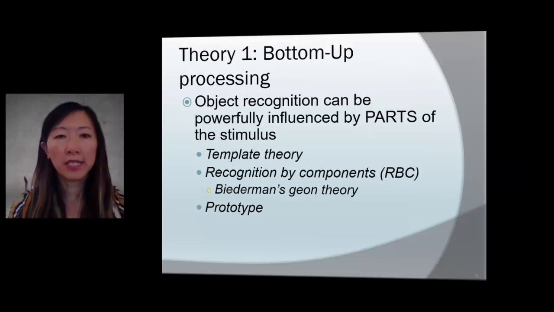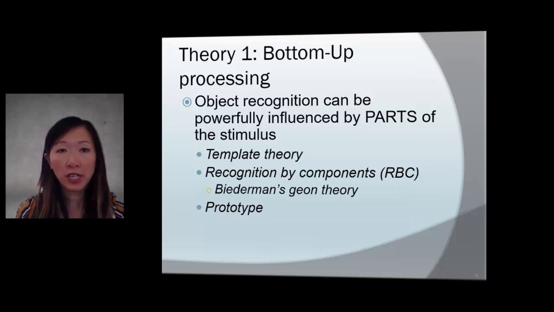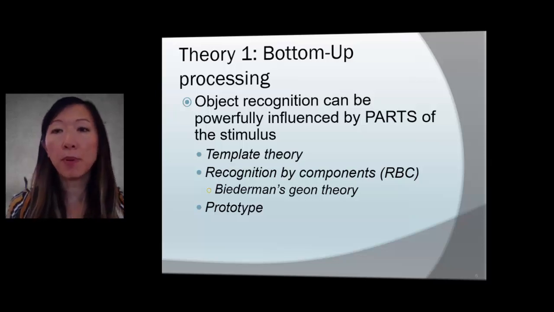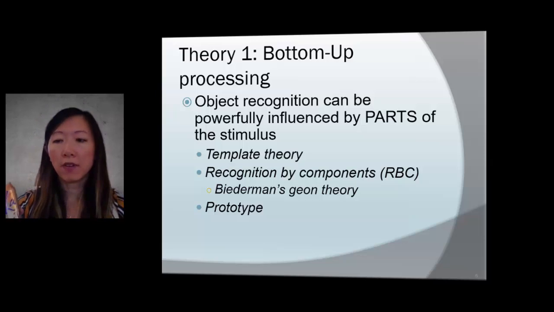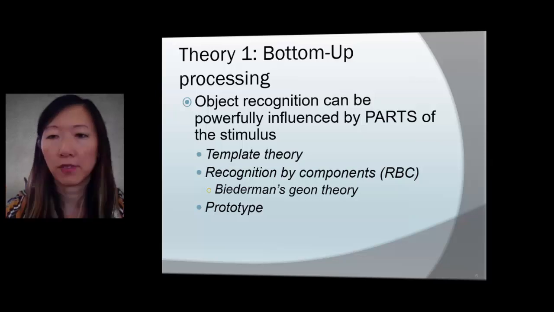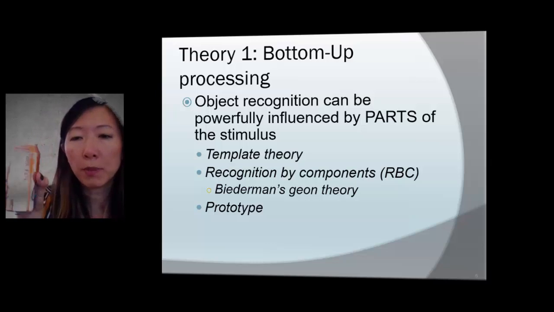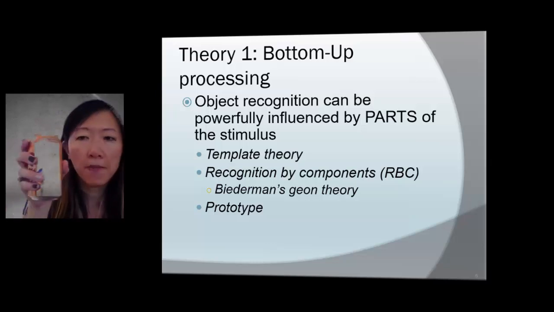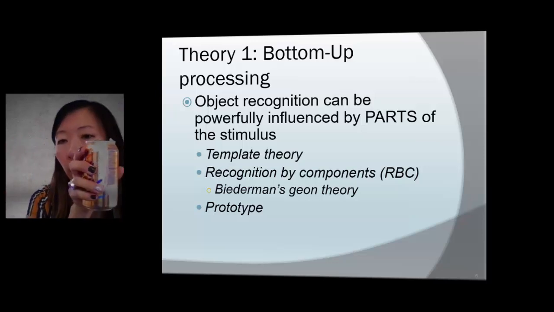So bottom-up processing essentially says that object recognition is influenced by parts of the stimulus, pieces of the stimulus. For example, I might have this, if you guys can see it. You see some of the parts of it, and it looks like there's orange.